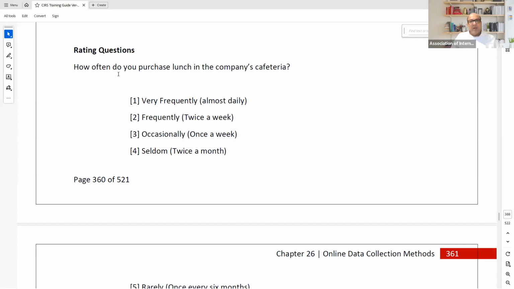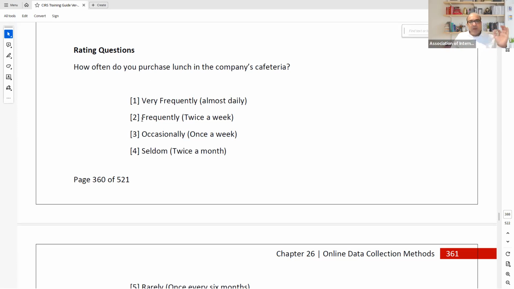Rating is an important question in this case, where you are focusing on how many people are utilizing the cafeteria services, for example.